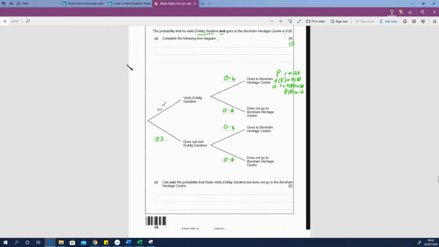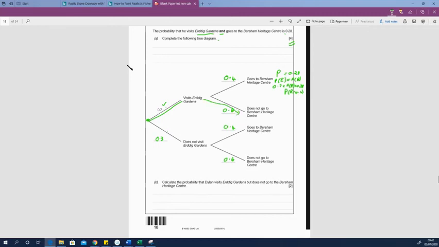Part B asks us to calculate the probability that Dylan visits Erddig Gardens but doesn't go to Bersham Heritage Centre. So it's the probability of him going to Erddig Gardens but not going to the Heritage Centre.